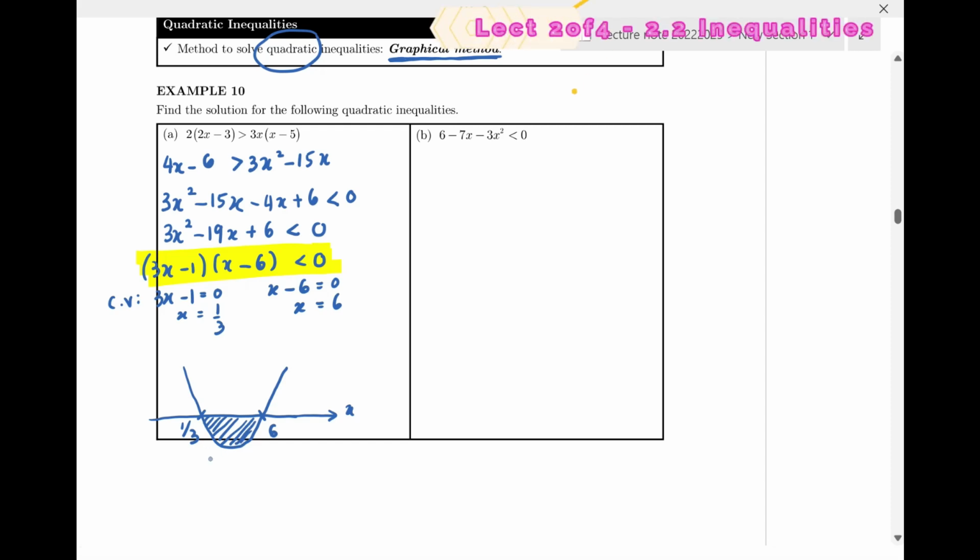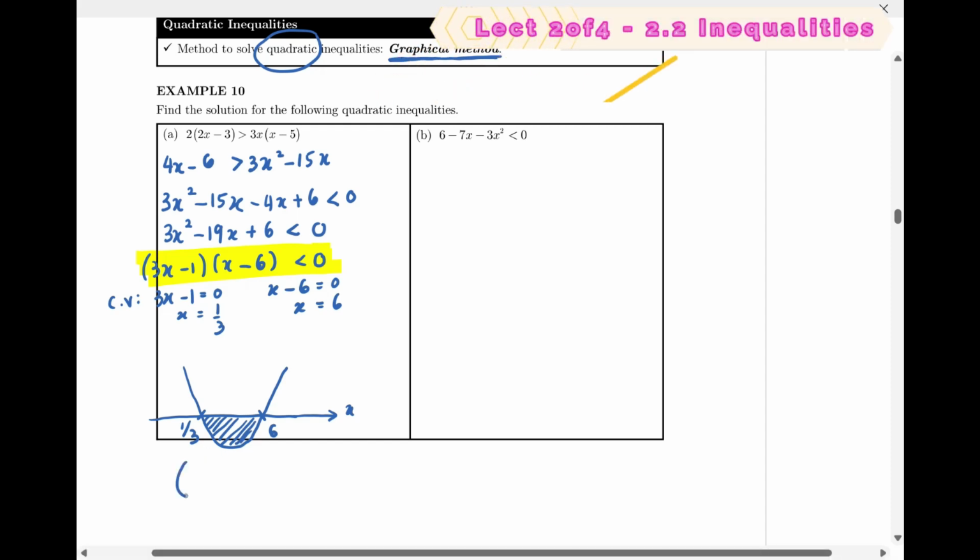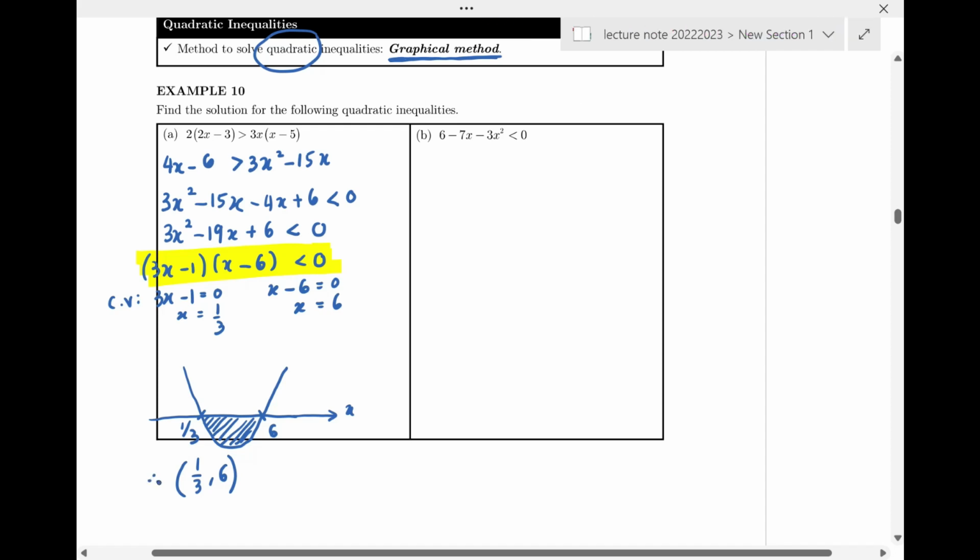So my answer will be between 1 over 3 and 6. This is in interval form. So this will be the answer. Okay, so we are done with part A, using the graphical method to solve quadratic inequalities.